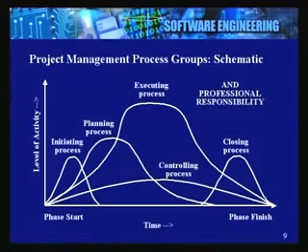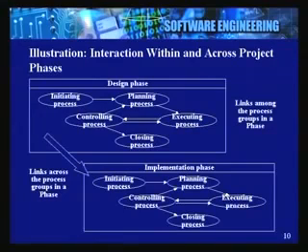Okay. So what happens is this: within each particular phase, you have initiating, planning, controlling, executing, closing processes going on, and these processes from one phase link with similar processes in the subsequent phases.